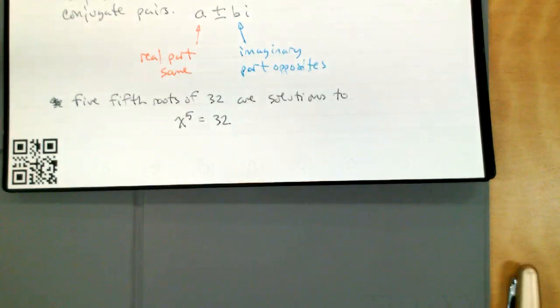The fifth roots of 32 are all solutions to x to the 5th equals 32.